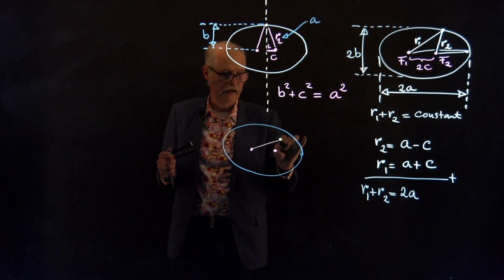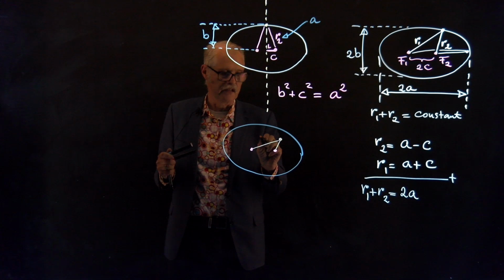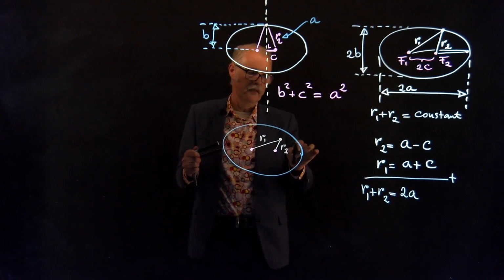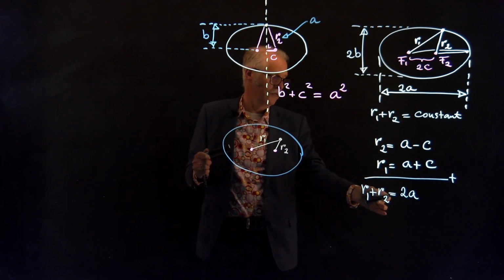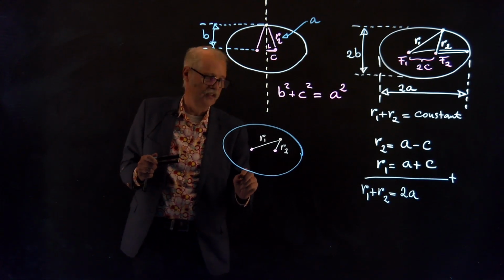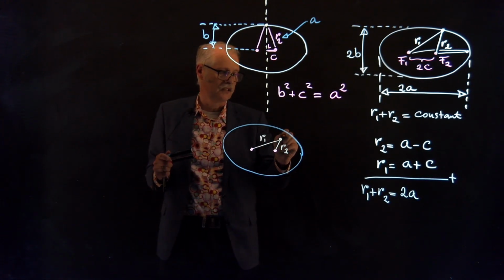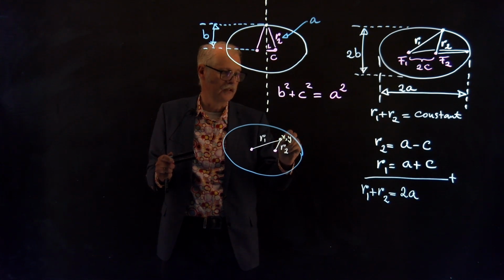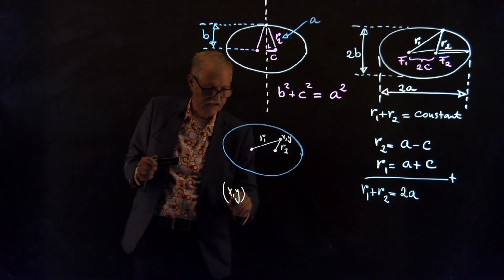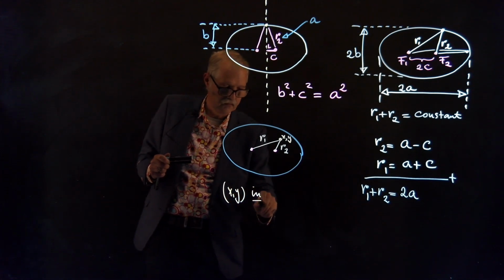Well, then we have those two radiuses here, R1 and R2. Normally, if you are at the edge, R1 and R2 together should be 2a. Here we have the point, say this is the point x, y. If we think in coordinates, then the point x, y is in the ellipse.